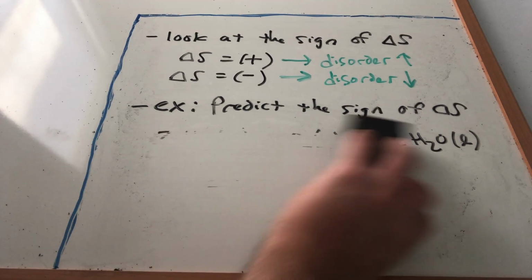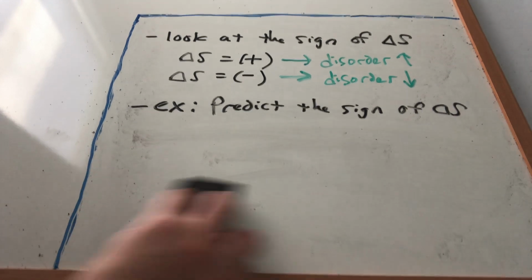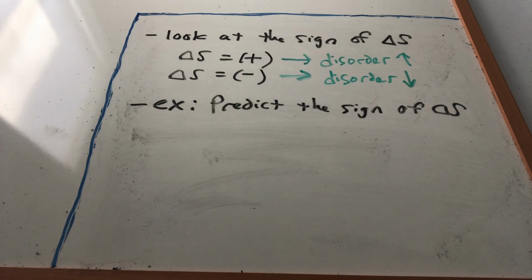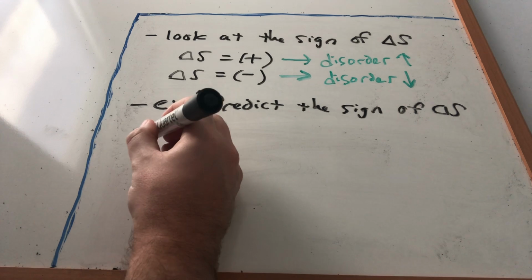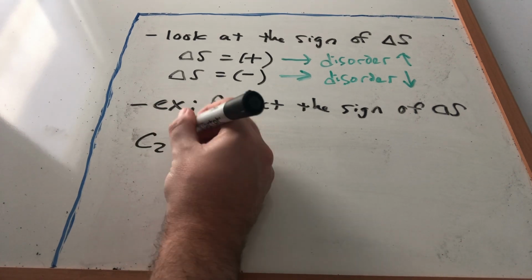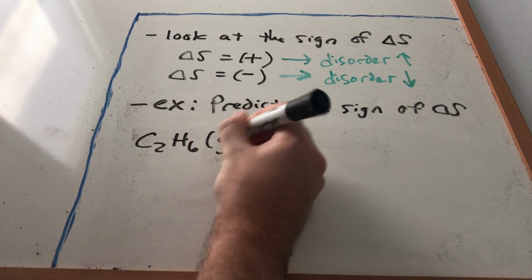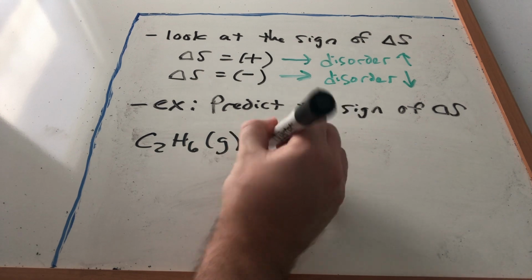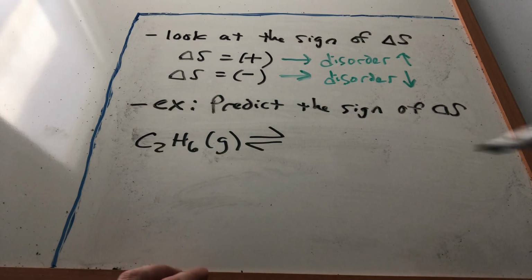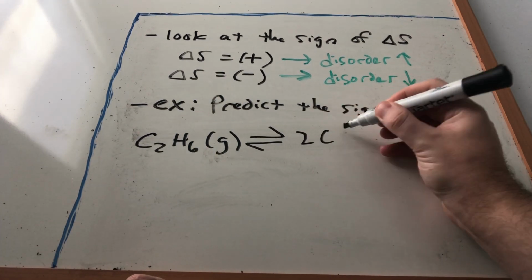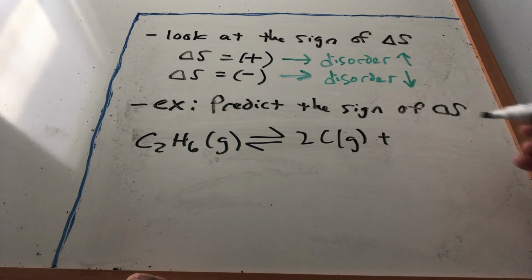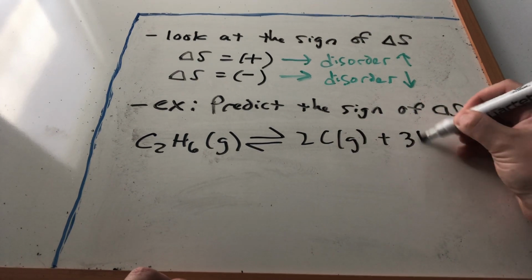Let's do another example. Let's look at C2H6 gas, in equilibrium with, must be doing this at a high temperature, 2 carbon gas plus 3 H2 gas.